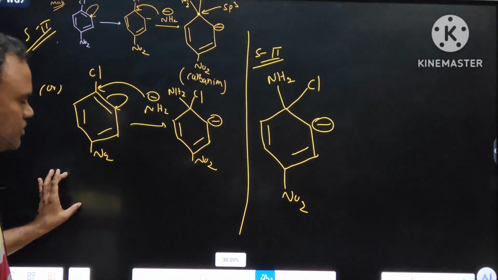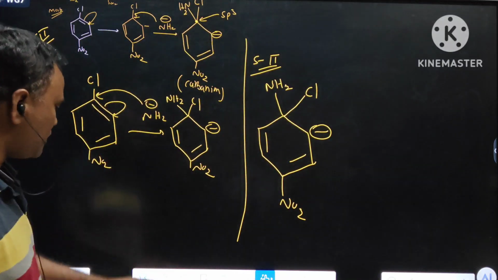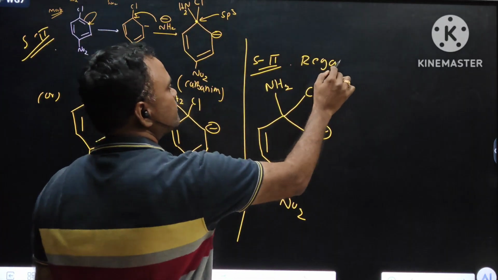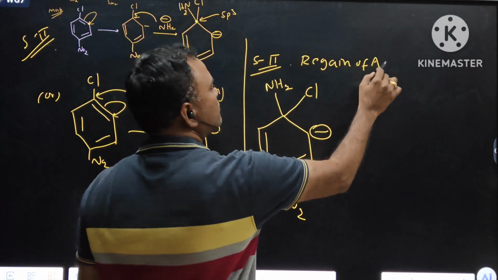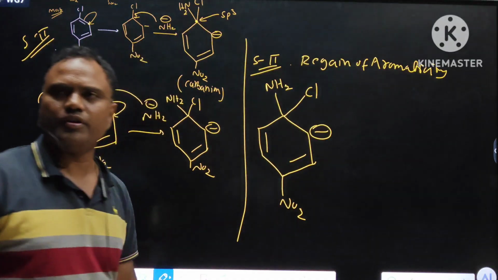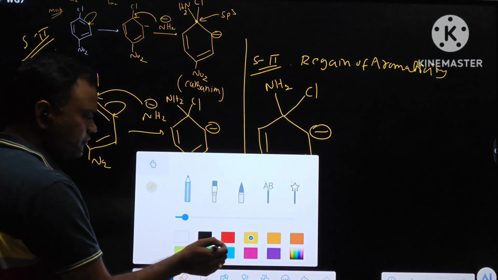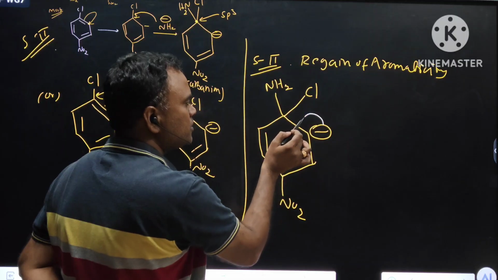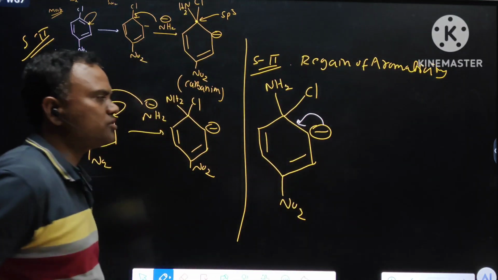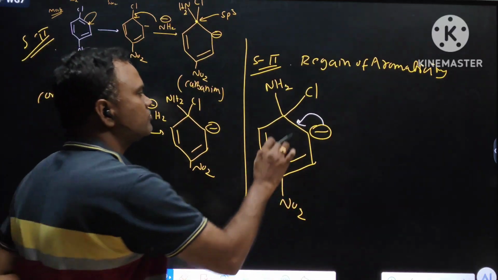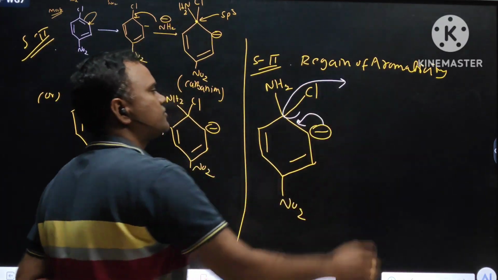Right. Next, see, this is loss of aromaticity. This is regain of aromaticity. Regain of aromaticity. Very simple. All of this negative charge shifts in between these two carbons as a bond, a double bond. This chlorine leaves.